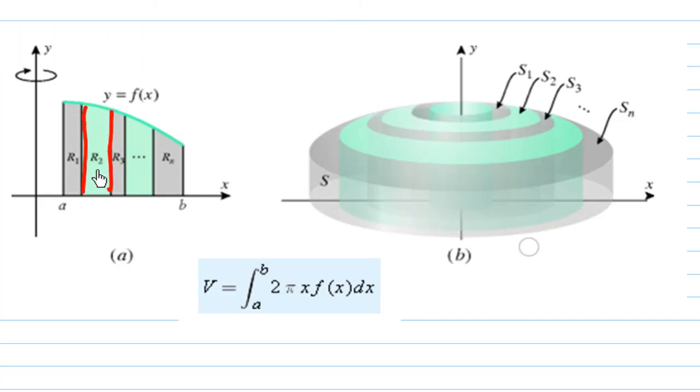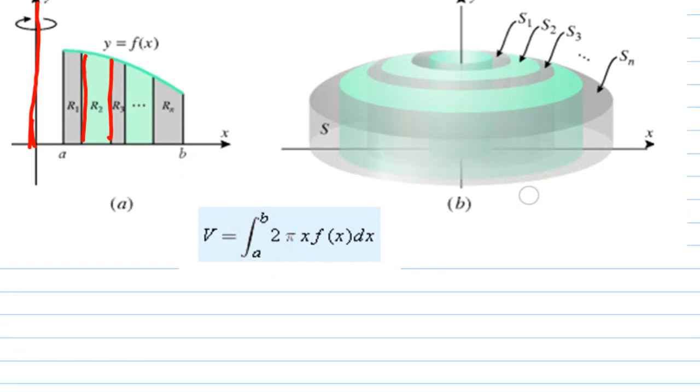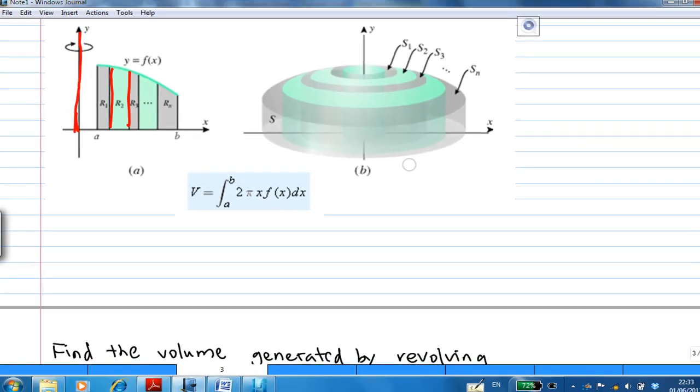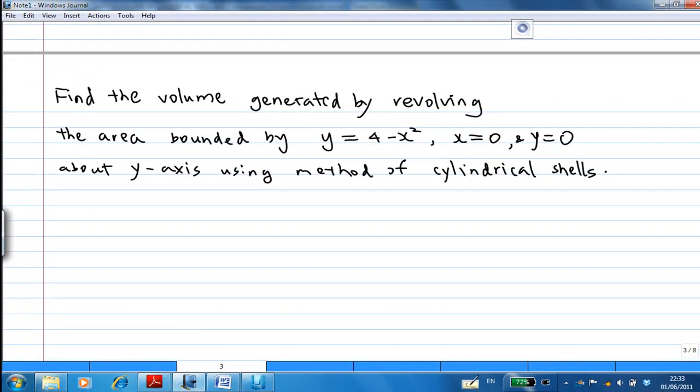From this slide, you are going to get many thin shells, and you stack up the volume of these shells, sum them up, and find the volume of the solid generated. The volume is given by the formula integration from a to b of 2 pi x times f of x dx. Now I'm going to solve this problem. Instead of using the formula directly, I show you the reasoning.